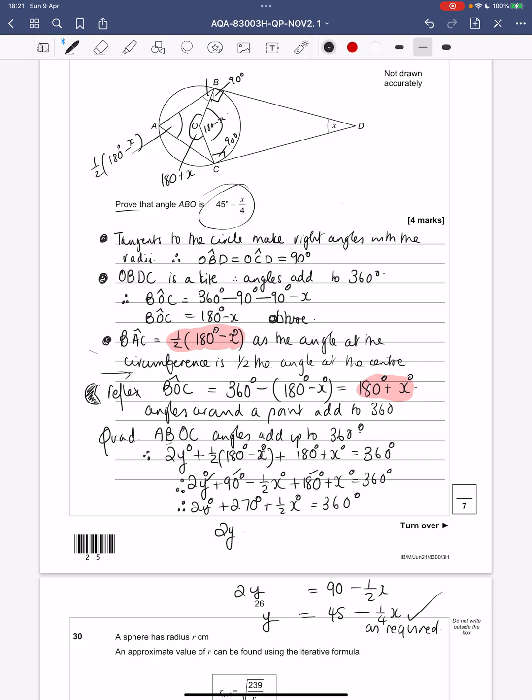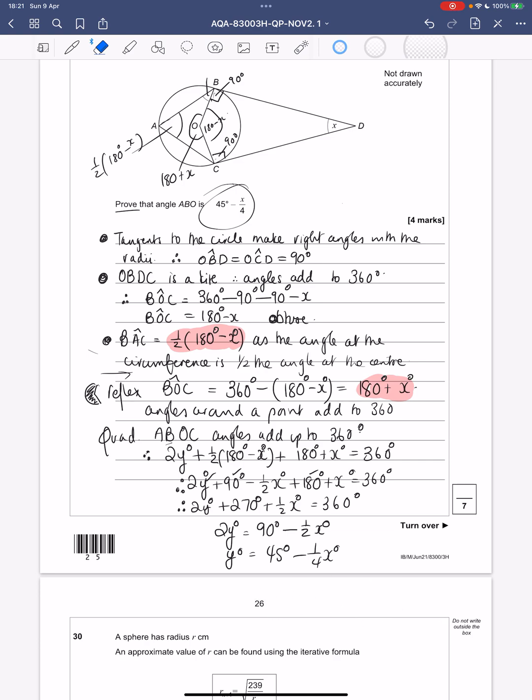So we get 2y is, take 270 from each side, 90 degrees minus, and take half x from each side, minus a half x degrees. So y is, divide both sides by 2, 45 degrees minus a quarter x degrees. Okay, and that's as required.